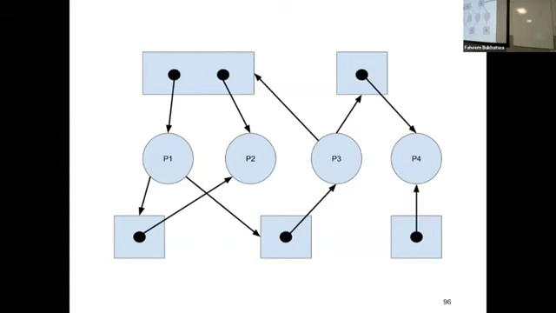Process 1, process 2, process 3, process 4. So can process 1 finish? No, because it needs 3 things. It only has the top one, but doesn't have process 2.